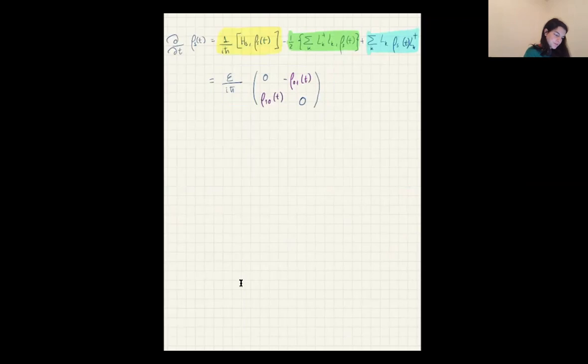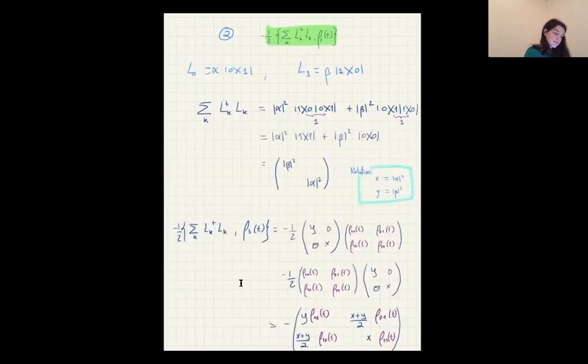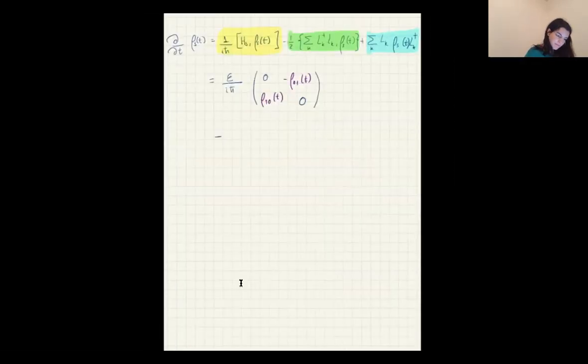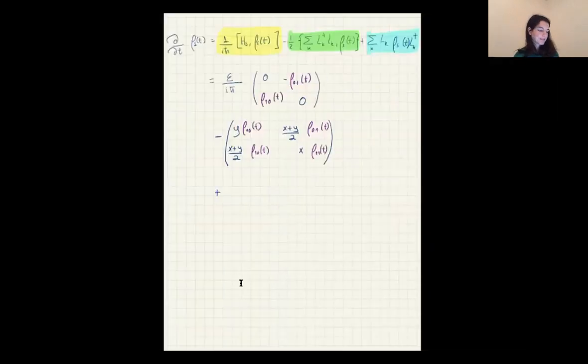And now the solution for number 2 was this thing here. Nice, very good. And the solution for number 3 was this thing here. So there we are. Now we just have to sum all these matrices.